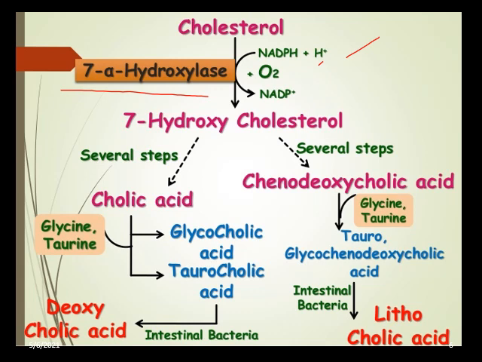From 7-hydroxycholesterol, several reactions lead to the synthesis of the primary bile acids, cholic acid and chenodeoxycholic acid.